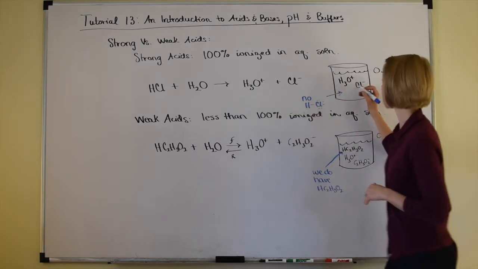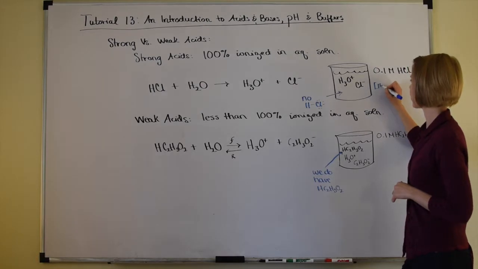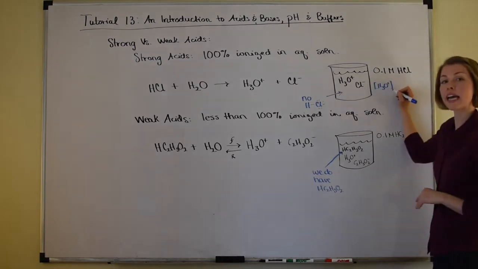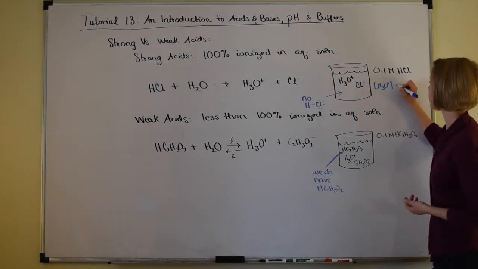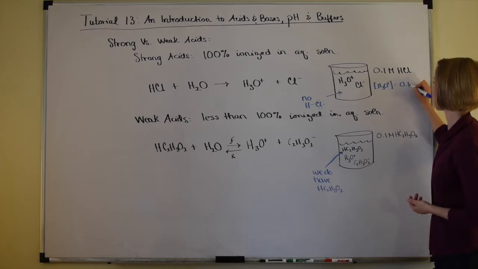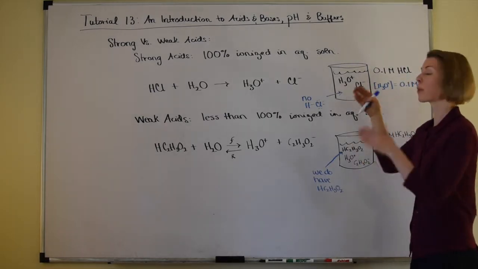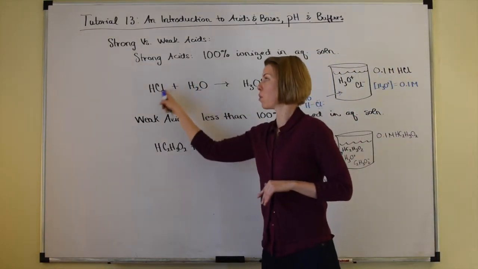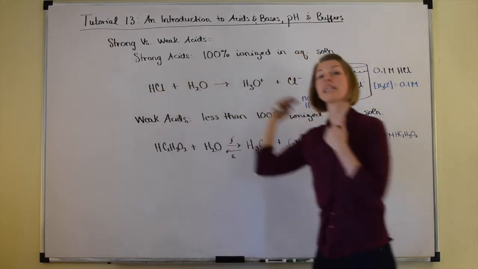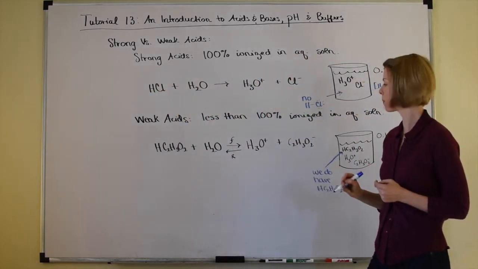And so the concentration of your hydronium in this solution, I'm going to write [H3O+] in brackets. When you write that in brackets like that, that means you're talking about the concentration of that substance. It's going to be equal to 0.1 molar. You're going to have 0.1 moles of hydronium per liter of that solution, because the entire 0.1 moles per liter of HCl reacted to give you 0.1 moles per liter hydronium.